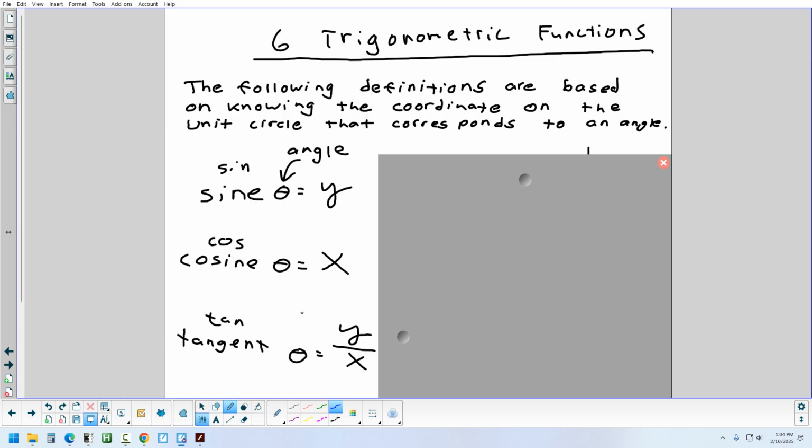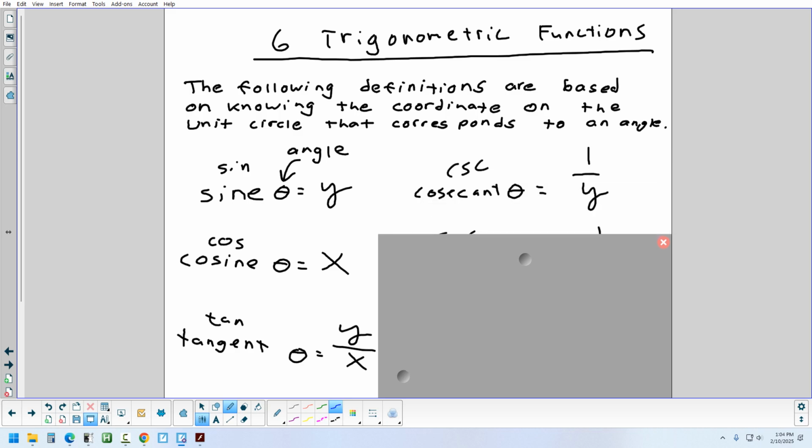Does anybody know one of the names of the other three? There is no button for them on the calculator. Doesn't mean we can't do them on there, but I think we did them in algebra too. Anybody know one of them? Okay, well, the first one is cosecant. Secant is another one.